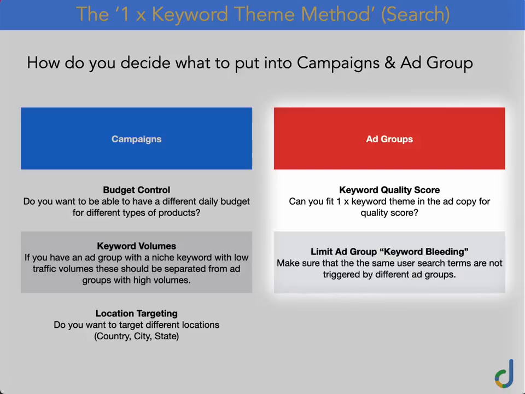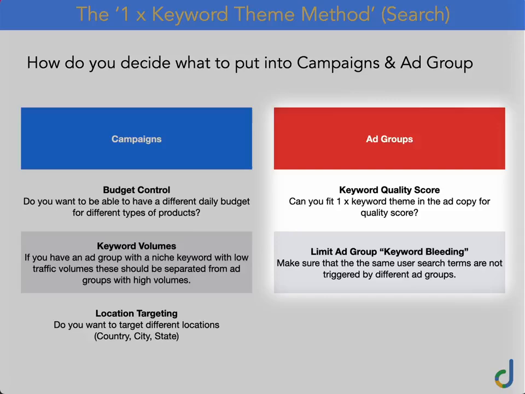The other thing you want to do is limit ad group, or what we call keyword, bleeding. We want to make sure that the same user search terms are not triggered by different ad groups. The reason this is so important is that you want the same search terms only being targeted by one ad group. Let's say you've got a group of keywords or search terms triggered by two different ad groups.